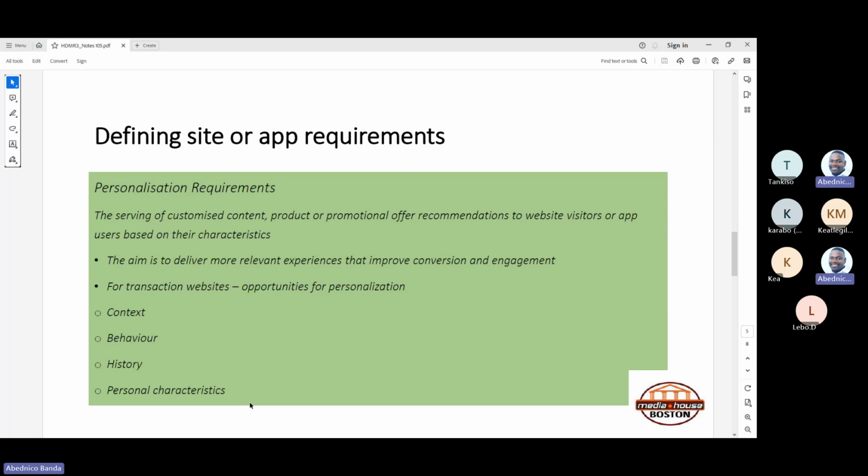Personalization is the serving of customized content, product or promotional offer recommendations to website visitors or app users based on their characteristics. The aim of personalization, and why your website must have personalization functions, is to deliver more relevant experiences that improve conversion and engagement.